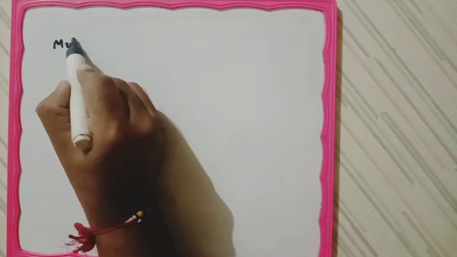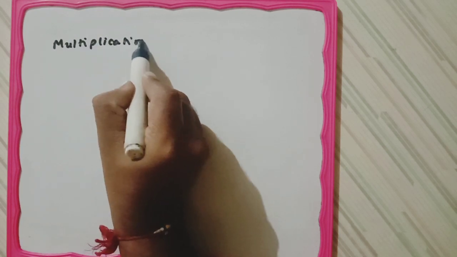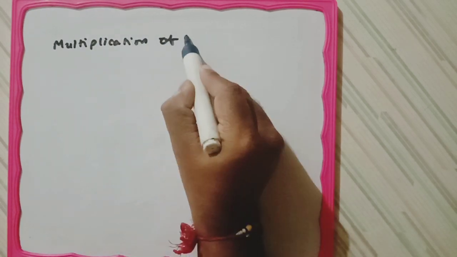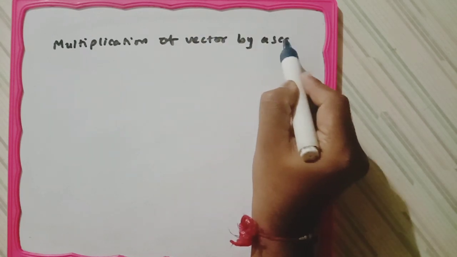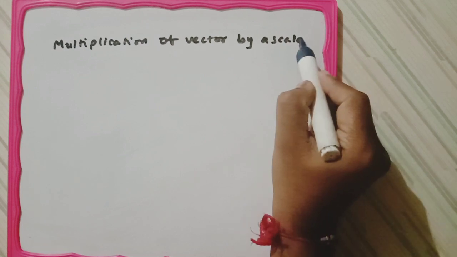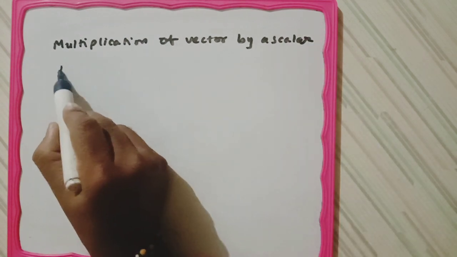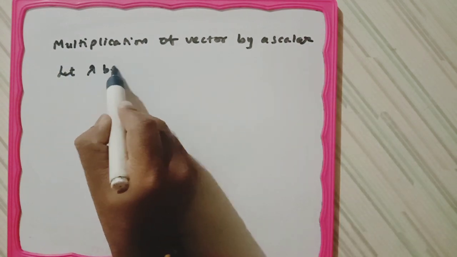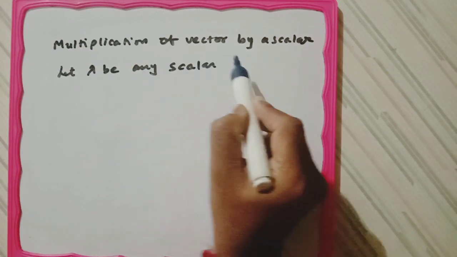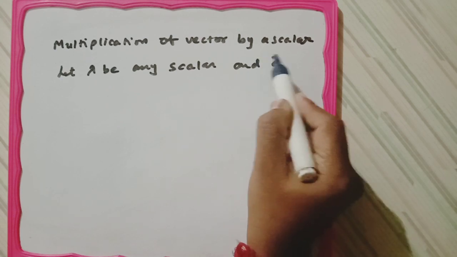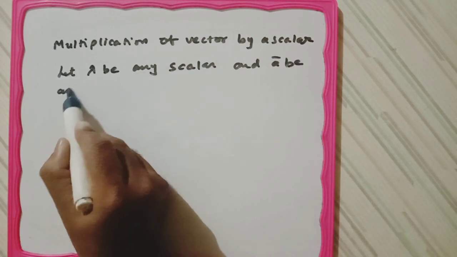Hello friends, today we will see the multiplication of a vector by a scalar. Let lambda be any scalar and a bar be any vector.